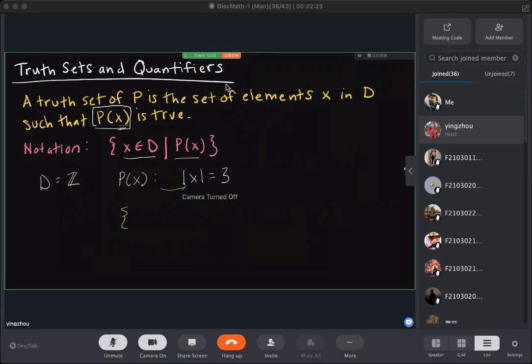So what values of X would make the absolute value of X equals 3 true? And of course, that would be negative 3 and positive 3. So that would be the truth set because I'm looking for any values that I can plug in for X and get a true value. So the absolute value of negative 3 is 3, and the absolute value of positive 3 is 3.